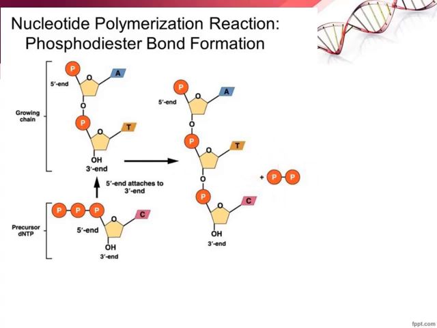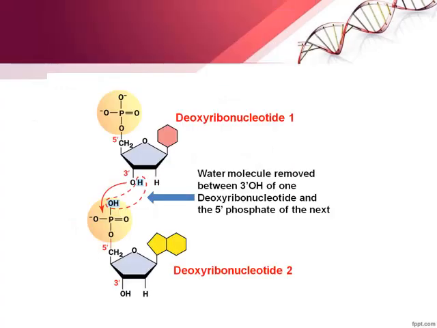This is a condensation reaction. During the condensation reaction, the incoming nucleotide is forming a bond with the already existing 3' end of the growing chain. A water molecule is released. This water molecule released helps in the removal of pyrophosphate.